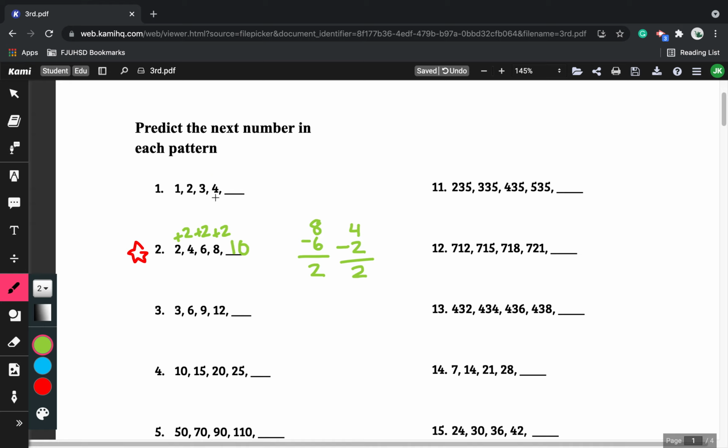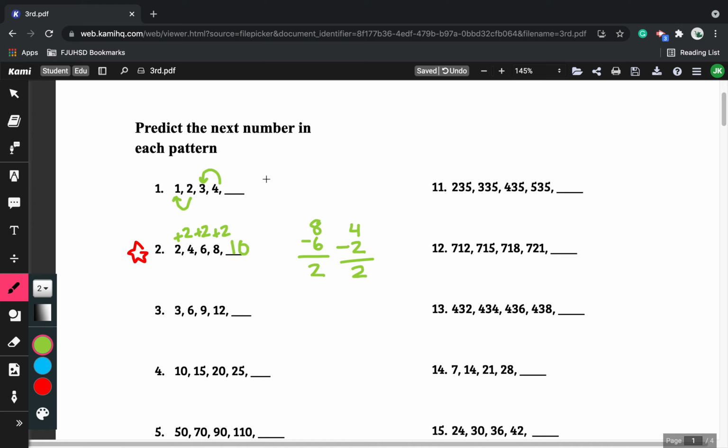But it has to be this number subtracted by that number, and this number subtracted by that number. So in number 1, 4 needs to be subtracted by 3, 2 needs to be subtracted by 1. If they are the same differences, then that's the pattern.